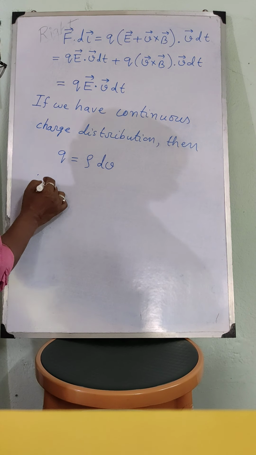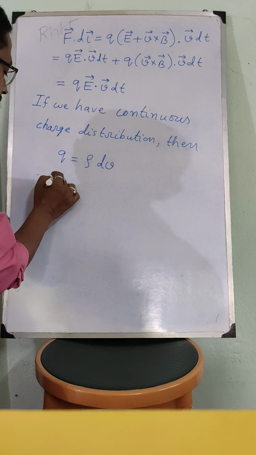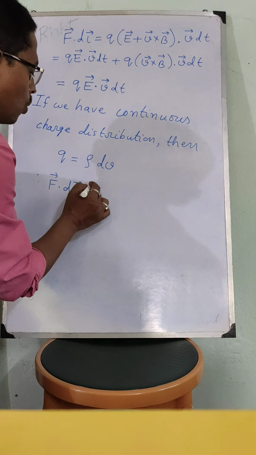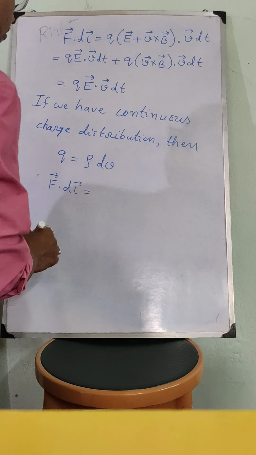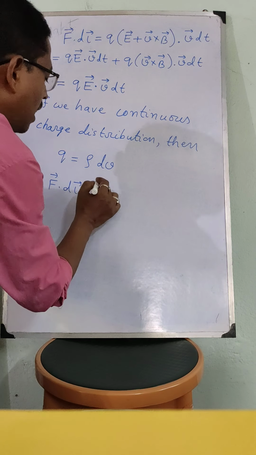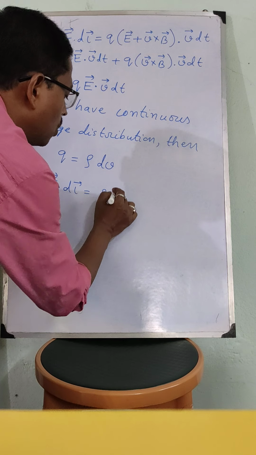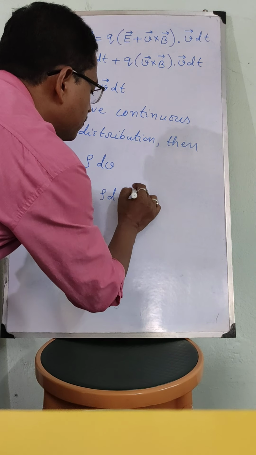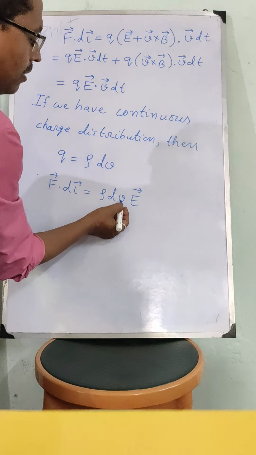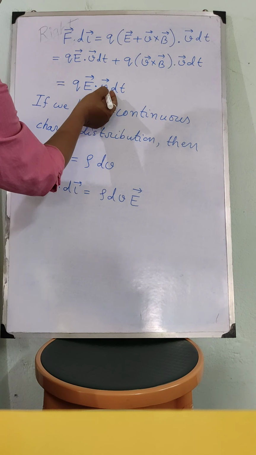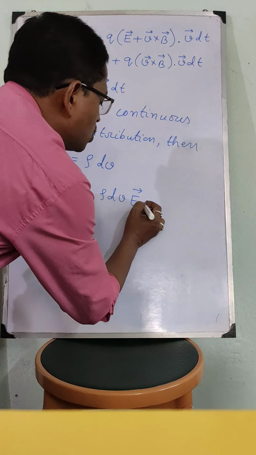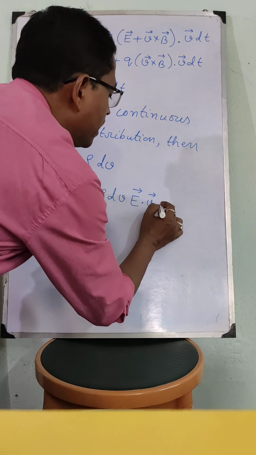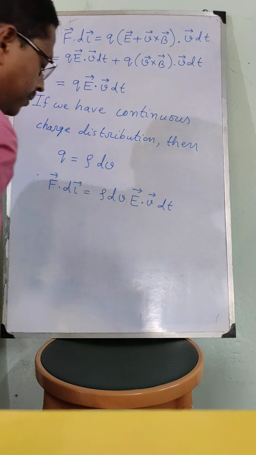So therefore F dot dl is the expression of work done on charge rho dV by the electromagnetic field. So I can write rho dV in place of Q. Here dV is the differential volume element and V is the velocity vector. So these are different. So E dot V into dt.